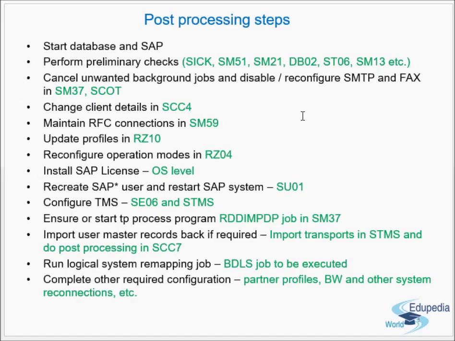When you install any SAP system, by default you will have the SAP* user, even though you don't find a user master record in SU01, because it's hardcoded in the kernel of the SAP. To log into the SAP system without installing the license, you use the SAP* user. For that, from USR02 and USR06, first you delete the SAP* user ID, so then you delete the user master record.